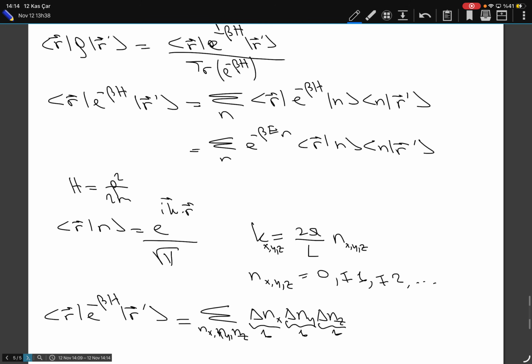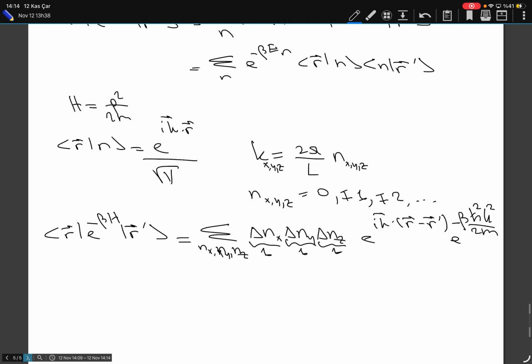And then I have e to the power i k dot (r minus r prime), and e to the power minus beta h bar squared k squared over 2m. Now, rather than summing over n, I will be summing over k's. Oh, sorry, by the way, I also have divided by V. This is the normalization of my wave function.